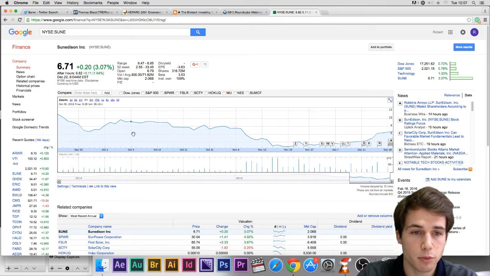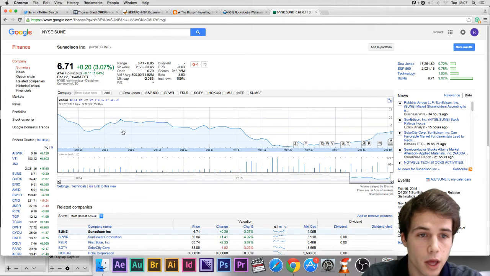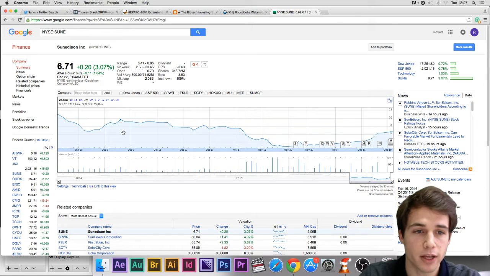Say, for example, I invested in Soon here, and I wanted to hedge my investment because I wasn't really sure if it was going to keep going up or drop down. So let's say I bought a couple shares here of Soon, and I wanted to hedge my investment.